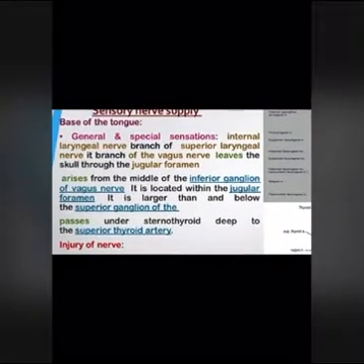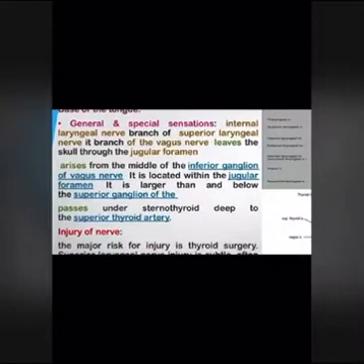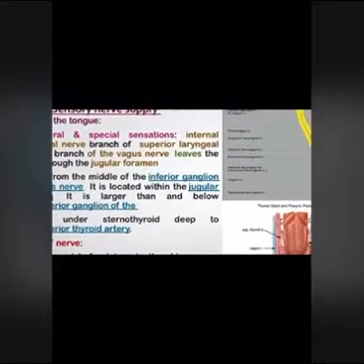It arises from the middle of the inferior ganglion of the vagus nerve, within the jugular foramen. It is larger than the superior ganglion. It passes under the sternothyroid, deep to the superior thyroid artery.